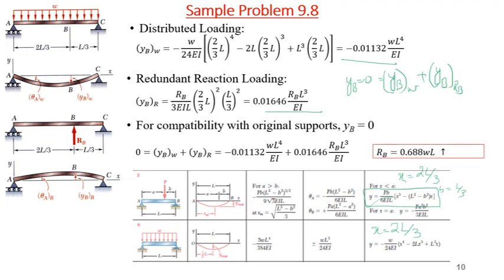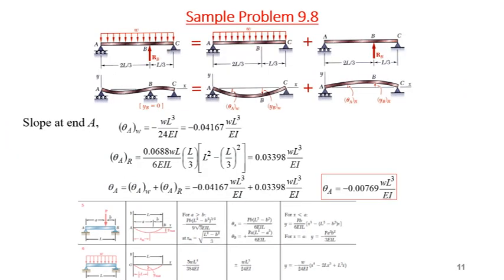So RB is 0.8688 WL. Now we know this reaction RB, and with that we can find the other reactions as well by taking sum of forces equal to 0 and sum of moments equal to 0. With that we can calculate all the reactions of this continuous beam.